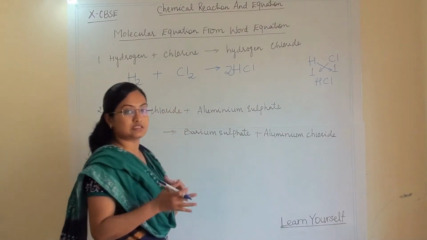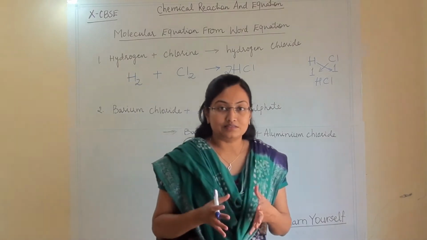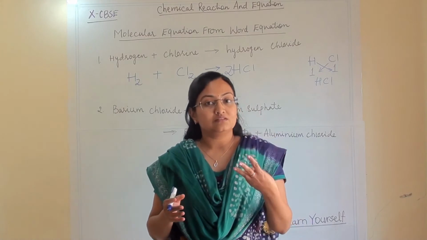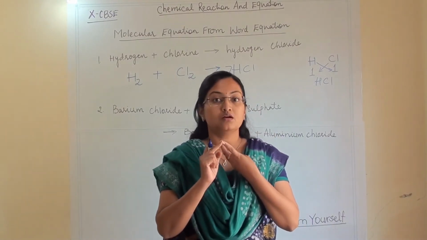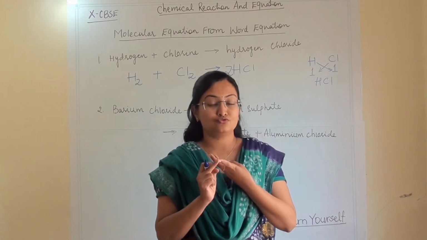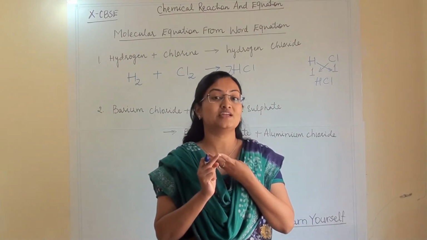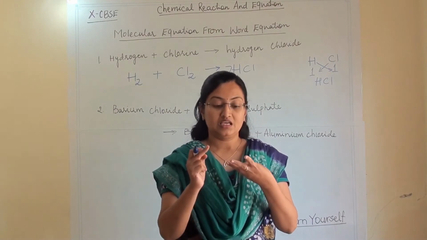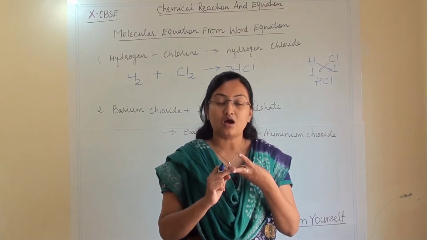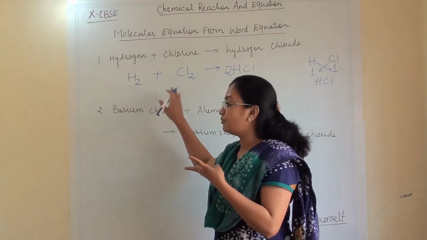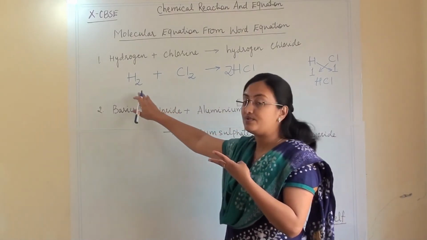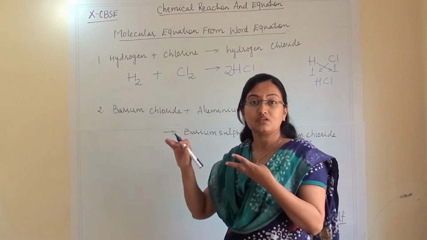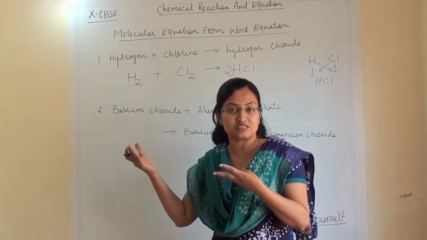So in this written practice, there are 3 things involved. First, you need to learn all the symbols. Then you should have knowledge about how to write molecular formulas, what their combining capacities are, and whether they will be H or H2, that is their atomicity.